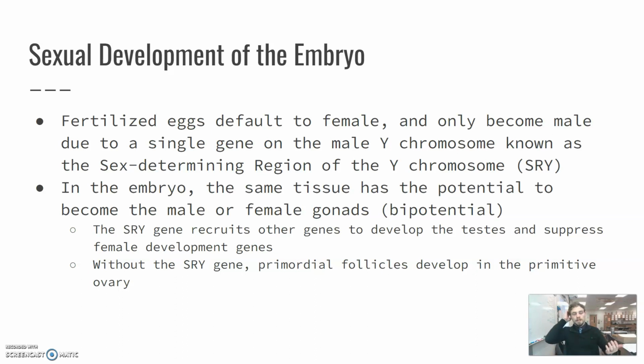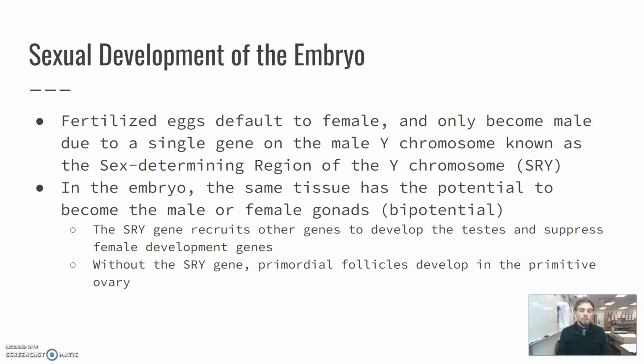But while it's an embryo, you have this tissue that's known as bipotential tissue. Basically, that means it could develop into either the male or the female gonads. Without the SRY, it's going to develop into the female gonads, but with the SRY gene, it's going to recruit other genes to develop that bipotential tissue into the testes, as well as suppress female development.